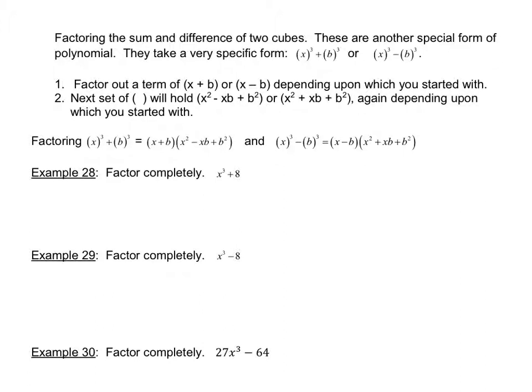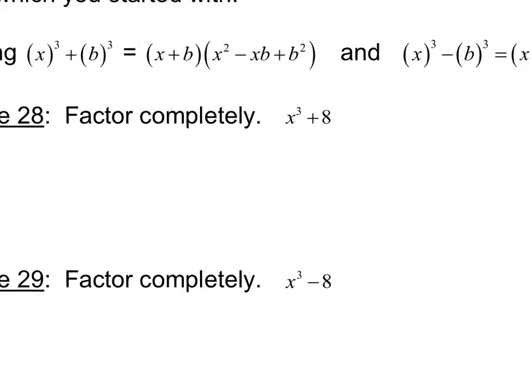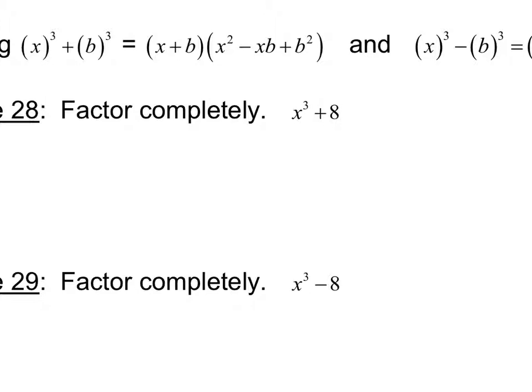Alright, these are good ones to know. It's the sum and difference of two cubes, okay? So, x to the third plus b to the third, or x to the third minus b to the third. And here's how they factor. These are things you're going to want to memorize. So here's the thing. The first thing I would do here is rewrite this. That's x to the third plus 2 to the third.